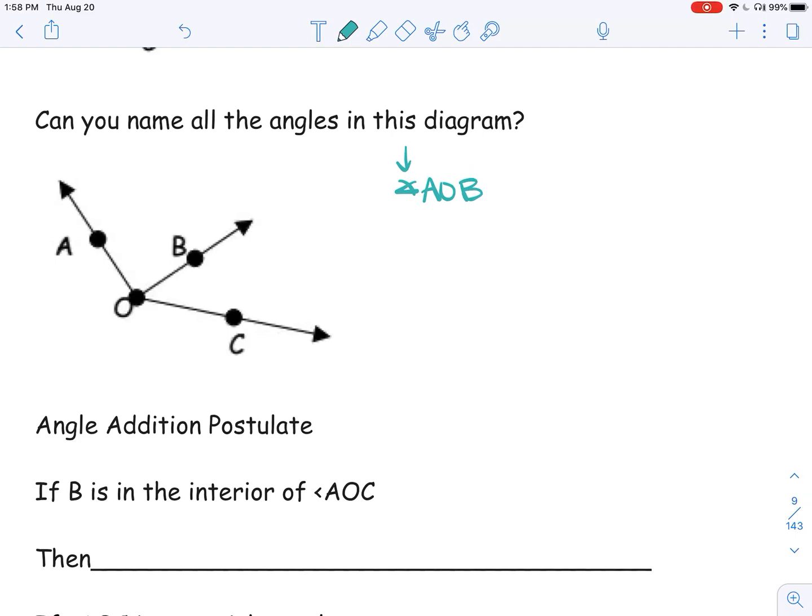That's just because that's how I learned to write them when I was your age, and that way it doesn't look like a less than symbol. So I have angle AOB. The bottom, I have angle BOC, and then the entire thing I can name angle AOC. One thing that I cannot do is label it angle O, because there are 3 angles there with a vertex of O.